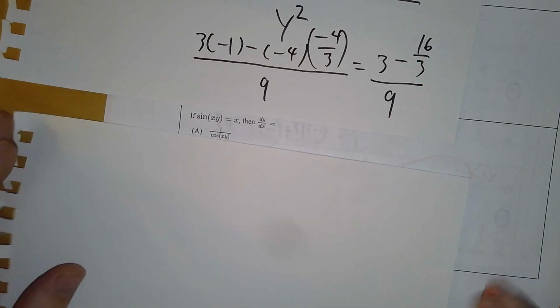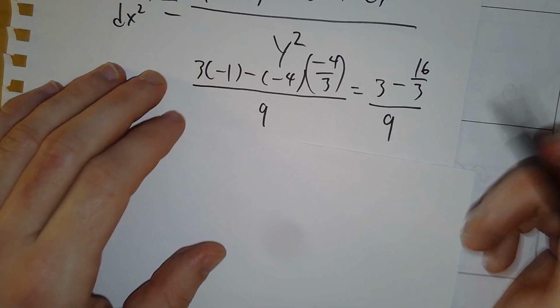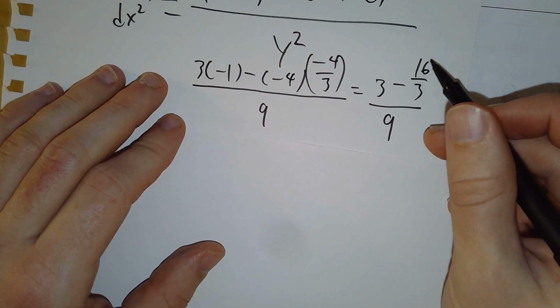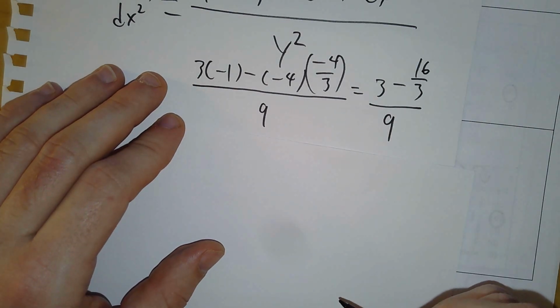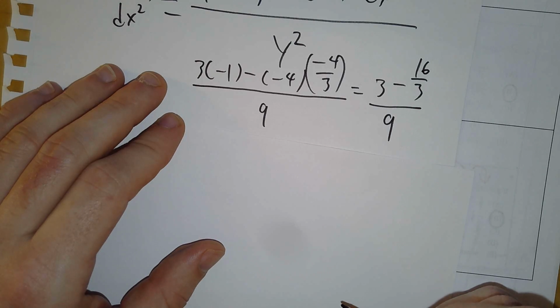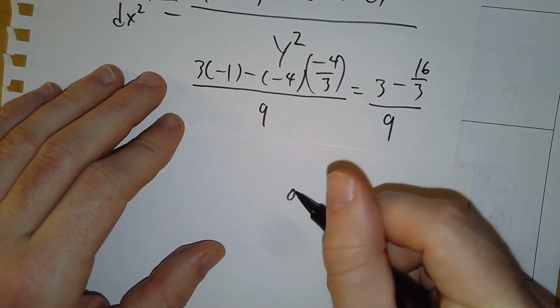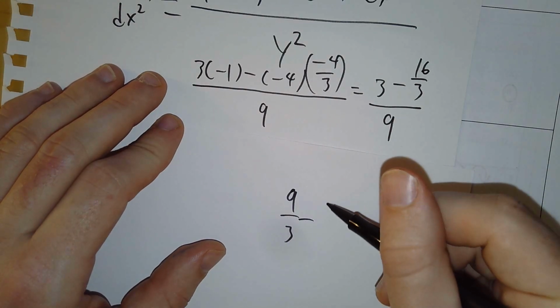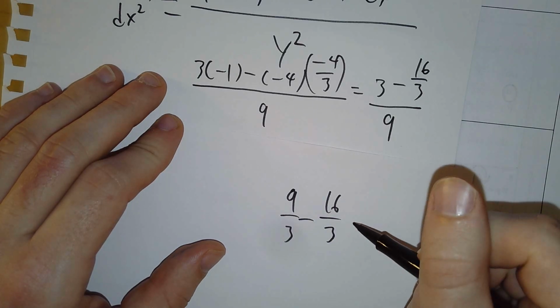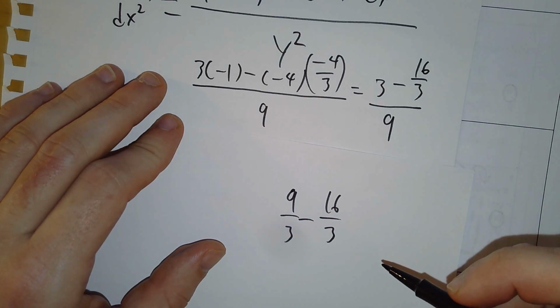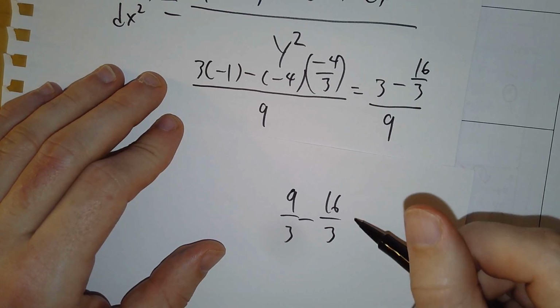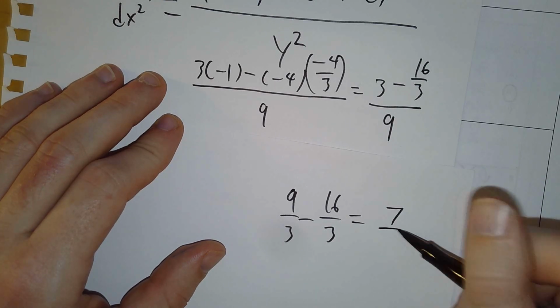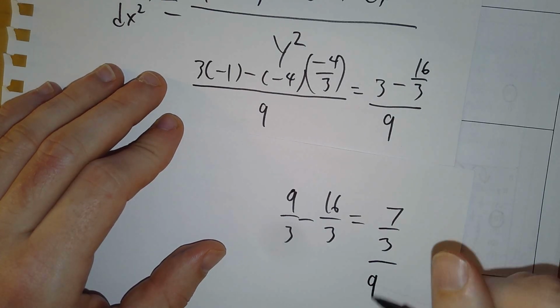So from here, what would you do to simplify this? Well, you've got to combine the 3 and the 16 thirds. That can be written as 9 thirds minus 16 thirds. 9 minus 16 is 7. So that's 7 thirds over 9.